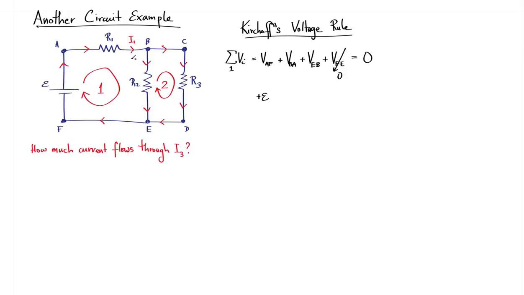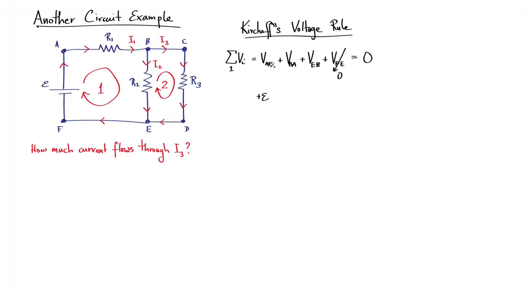Into point B, we have basically three currents: one going this way, one going that way, one going that way. So I'll call these I1, I2, and I3. We don't know what they are yet. We don't know what the relationship is until we use Kirchhoff's current rule.